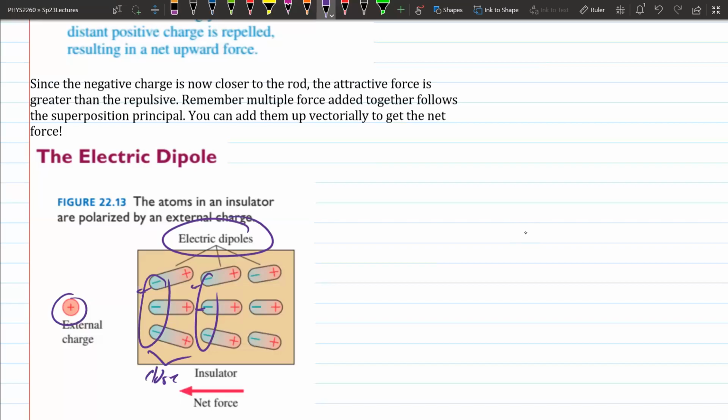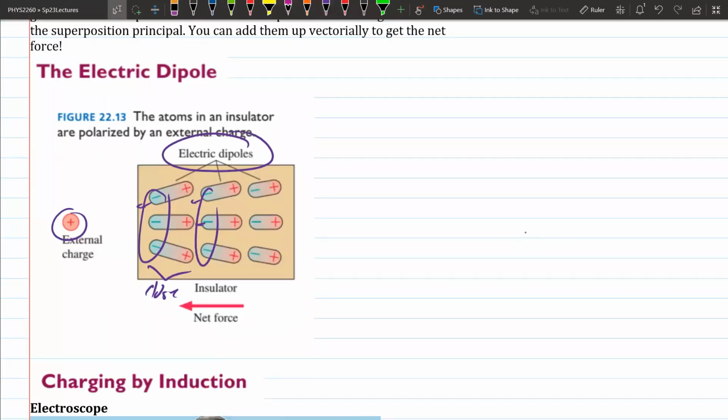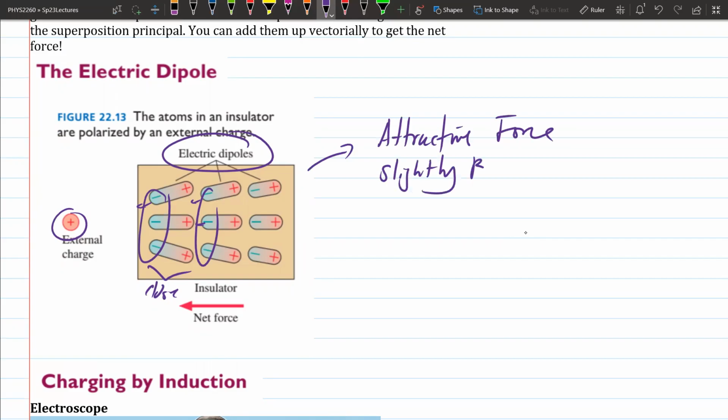It's not because the paper gets charged. It does not get a net charge, but the negative charge is closer to it, and therefore it creates a slight difference in the repulsion versus the attraction force. So the attractive force is slightly bigger than the repulsive force. And that's why that interaction is much weaker.